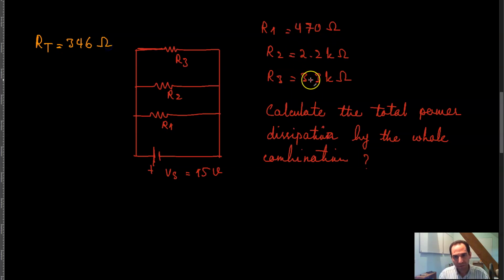And it makes sense because you have about a 3 kilo ohm resistor here, a 2 kilo ohm resistor here, and about a 500 ohm resistor here. So the resistance has to be somewhere between these values, not more than the largest and not less than the smallest.